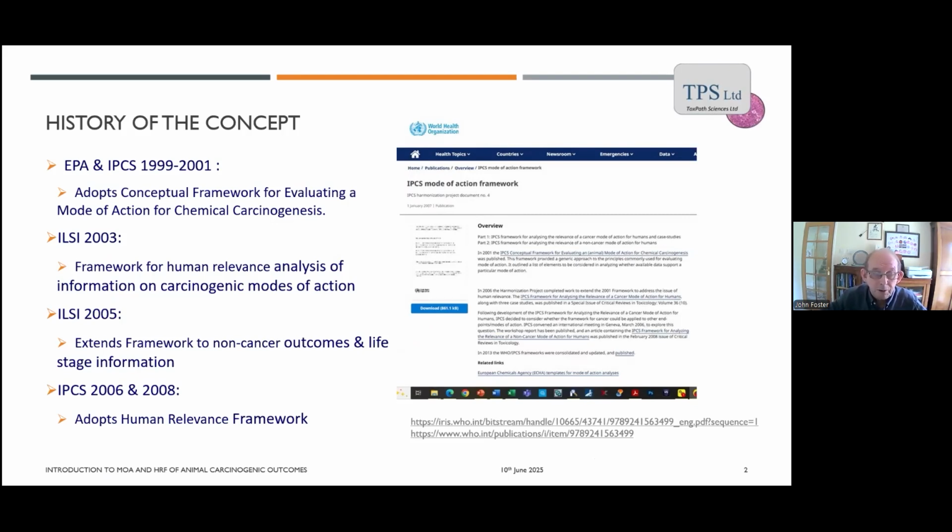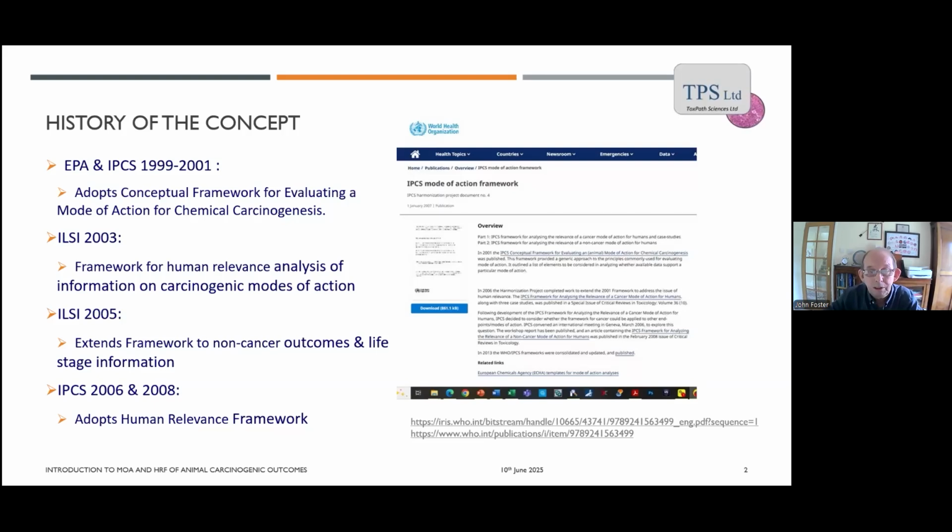And then throughout the 2000s, it was modified through a number of workshops, and a lot of academic people were involved in the discussions, some regulatory people from agencies throughout the world, including Europe and the USA, and also people from industry. Primarily, the target for this was agrochemicals, so pesticides and herbicides. But since then, I think it has shown that its value can also be extended in terms of looking at drug-induced effects as well.